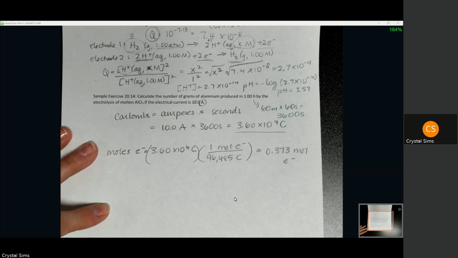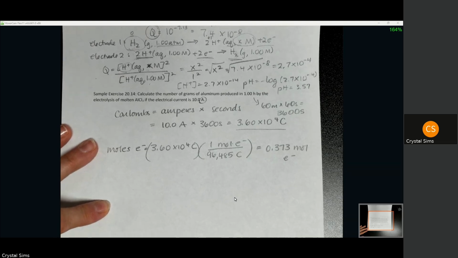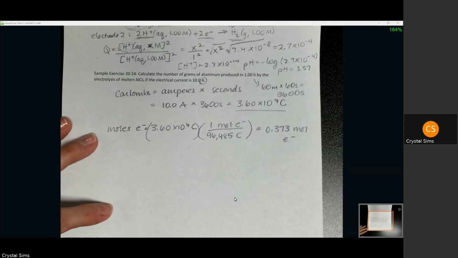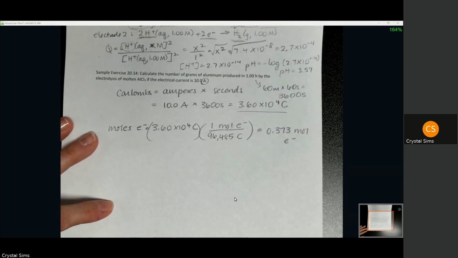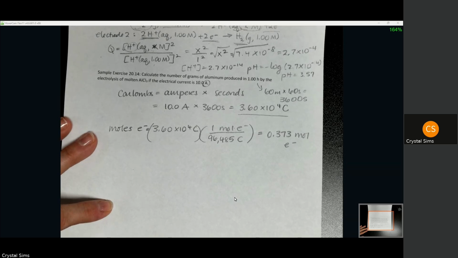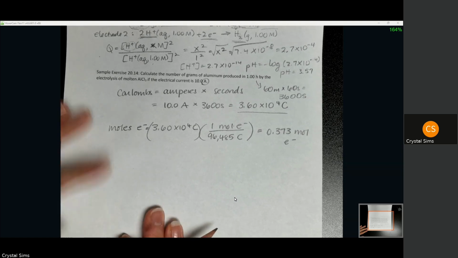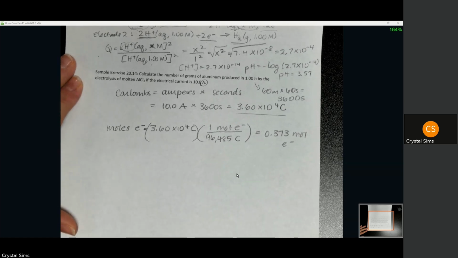Okay, so we're at moles of electrons. We're not there yet. We're not at grams of aluminum. Right now, we just determined how many moles of electrons are being produced. Well, we need to figure out how many electrons are going to be released. So we need to look at our half reaction here.